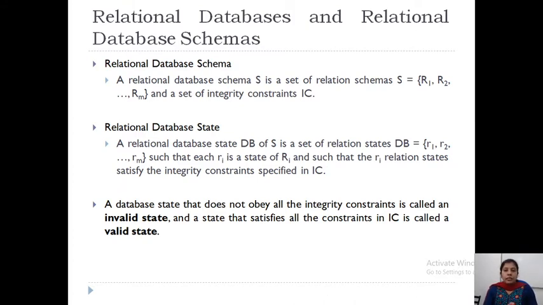A database state that does not obey all the integrity constraints is called an invalid state. If the schemas and the state of each schema satisfy the integrity constraints, then it is valid. If it does not satisfy the constraints, it is called an invalid state.